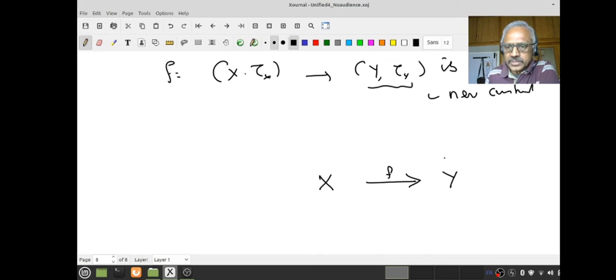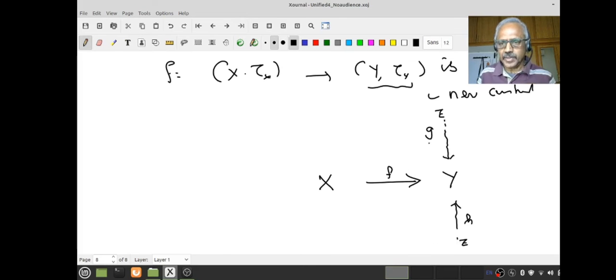Now this is a new construction, therefore I should look for either G from Z or H from Z. I should look for conditions for continuity of either G, a map from Z to the newly formed space Y, or H from the space Z to the newly formed space.